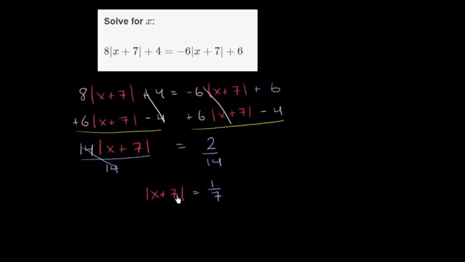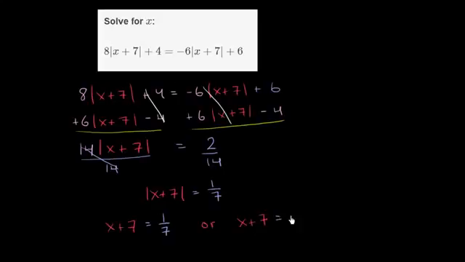So if I take the absolute value of something, and I got 1/7, there's two possible things that I took the absolute value of. I could have taken the absolute value of positive 1/7, or I could have taken the absolute value of negative 1/7. So x plus 7 could be equal to positive 1/7, or x plus 7 could be equal to negative 1/7.